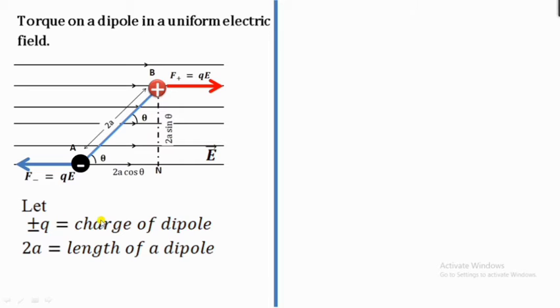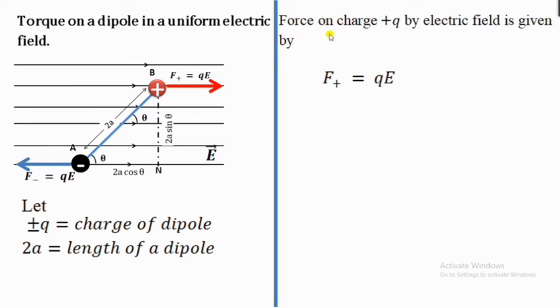Plus minus Q are the charges of the dipole and 2a is the length of the dipole, and the force on charge plus Q by the electric field will be given by F plus is equal to QE, and the direction is towards the right. I'm writing F is equal to QE from the definition of electric field, that is electric field is equal to force per unit charge.